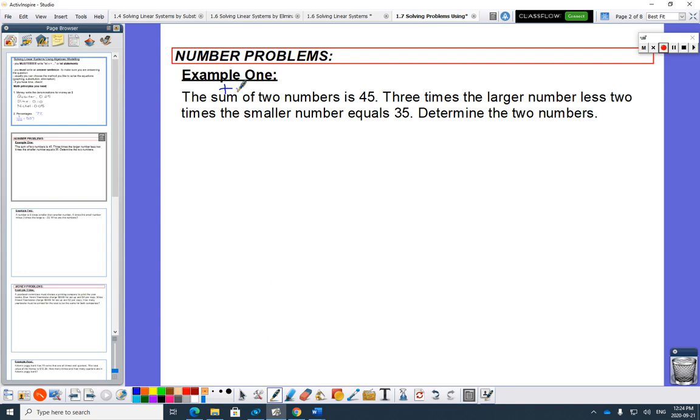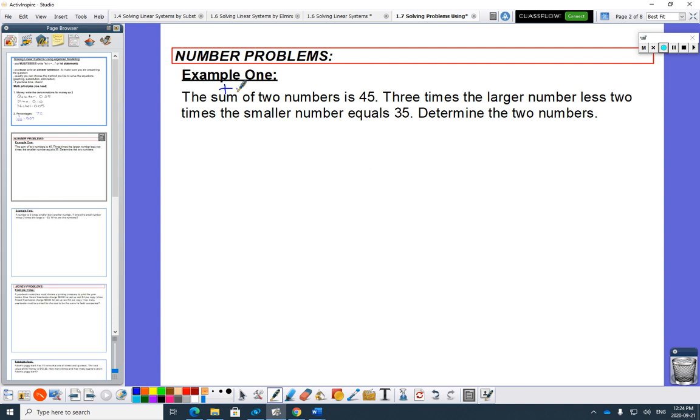And then one of the numbers will be smaller than the other. So when you subtract, if the answer to subtract is positive, then you have to think about how the numbers are going to work that way. So it just says determine the 2 numbers. 3 times a larger number less 2 times a smaller number. That seems a little bit overwhelming at first.